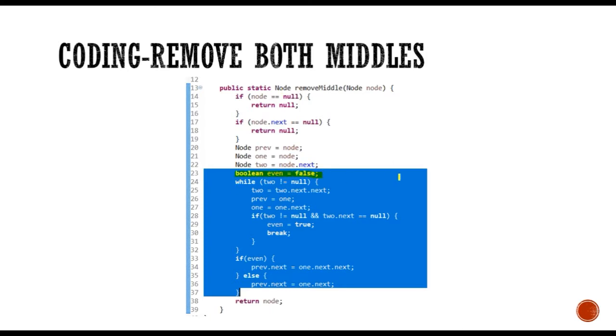We need a flag. We use this flag and this condition to set whether the flag is true or false. If it's true, it's an even number. If it's false, it's an odd number. If it's even, we are going to remove 2 elements, so we point one.next to previous.next. If it's odd, we only remove 1 element.